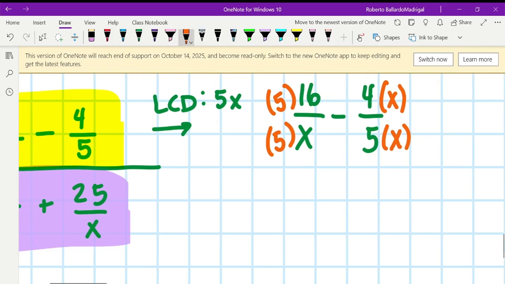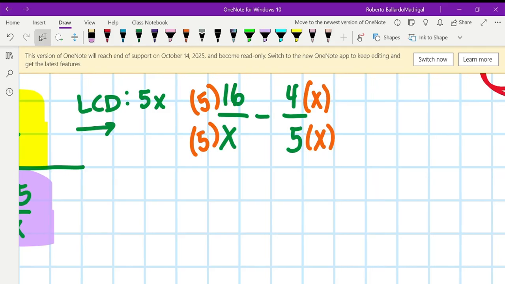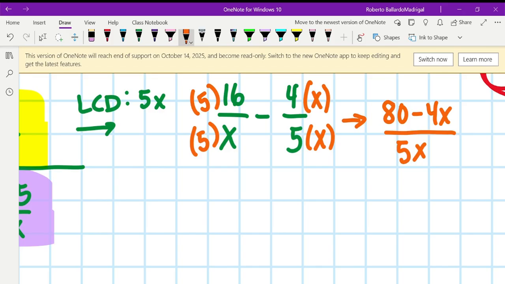All right, so let's simplify this. 16 times 5 is the same as 8 times 10, in case you didn't know. That's going to be 80 minus 4x over 5x. I'm going to highlight this just to show you that this is my new first fraction. I'm highlighting the whole thing so that you know this fraction is just the numerator.